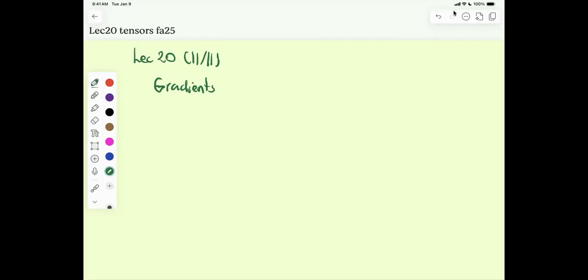But you can even start more basic than that, even with a function of two variables. If you have a function of two variables, you can take as many derivatives as you want.